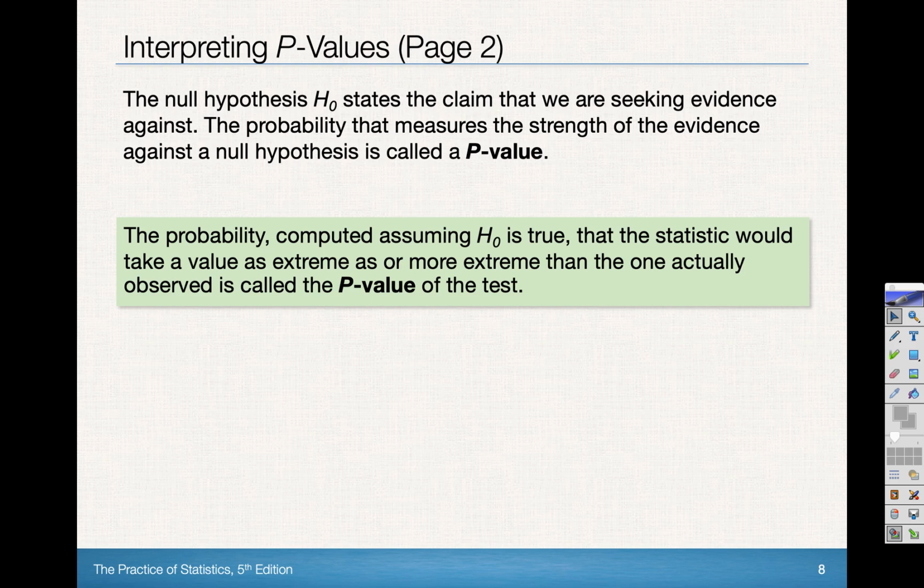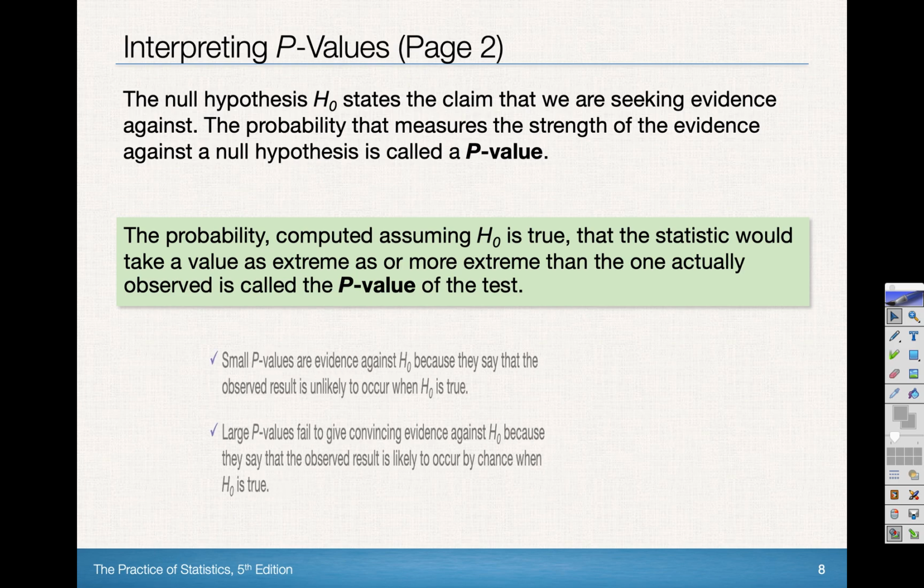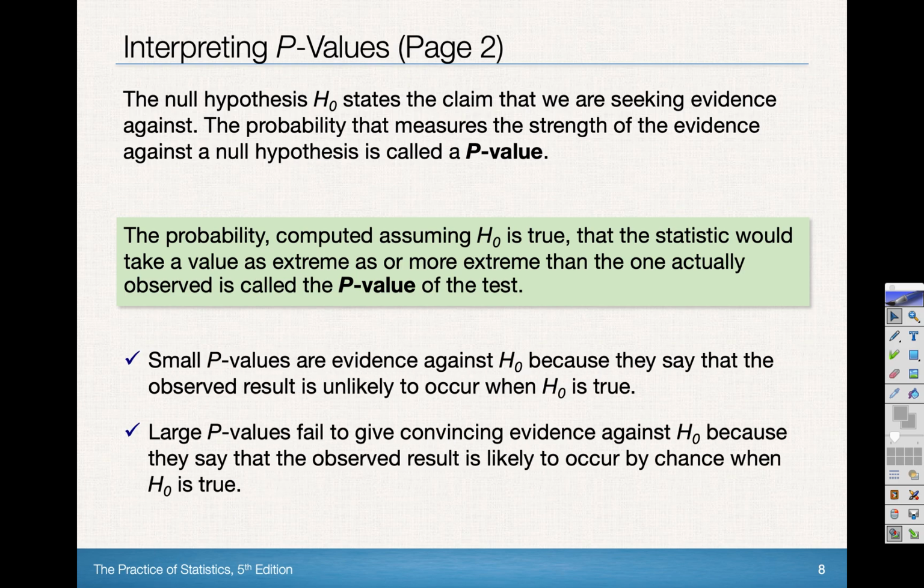In our context, the probability of me shooting 50 free throws and making 32 or less, because that was the outcome, given that I'm actually an 80% free throw shooter, that probability is the p-value. So in our simulation, that p-value was 3 out of 400 or 0.0075.